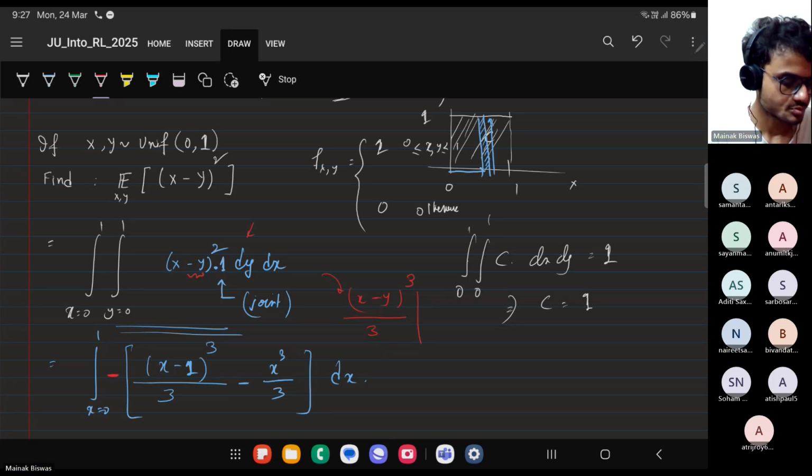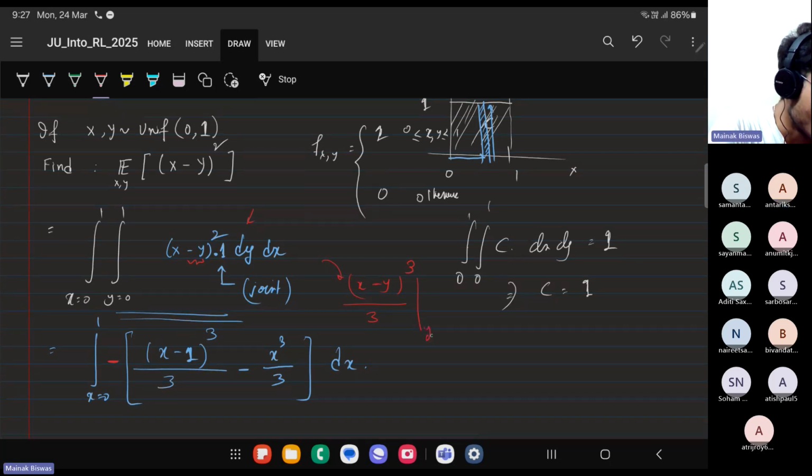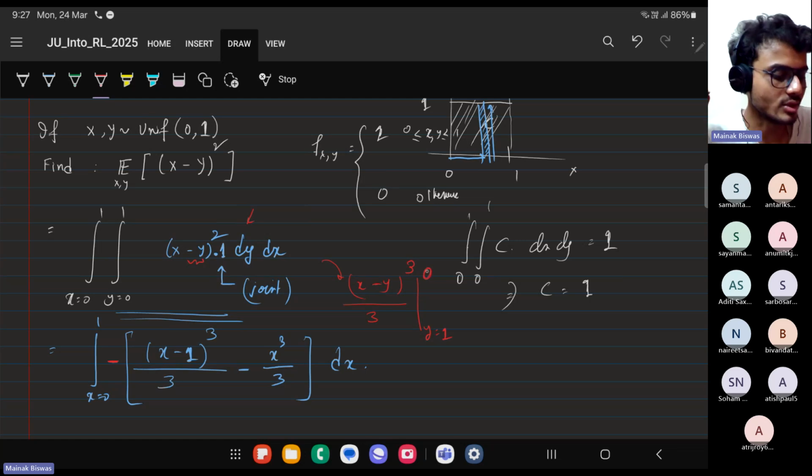Yeah, it should be just the negative of that. Now I'll replace the values, so it's between 1 and 0.